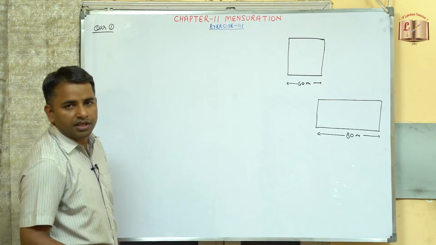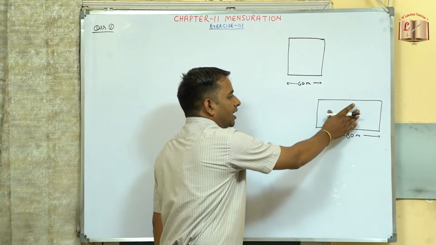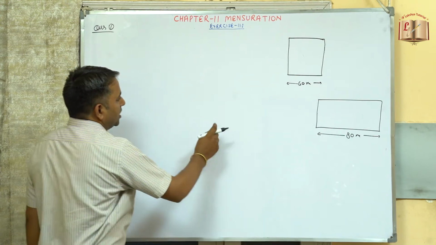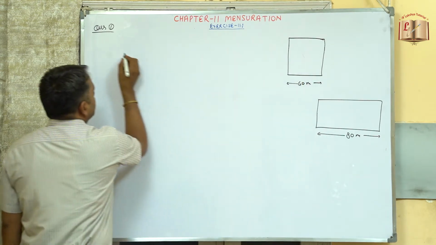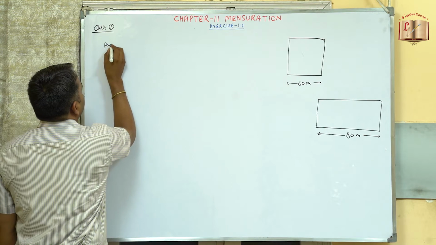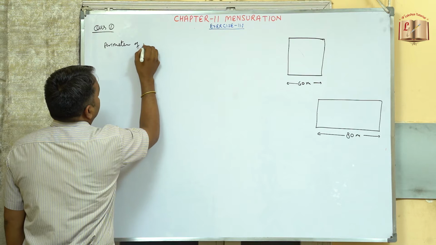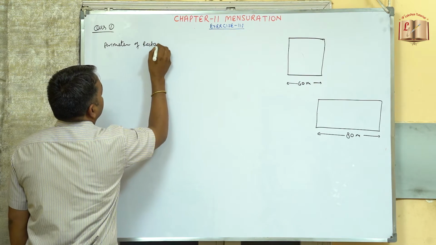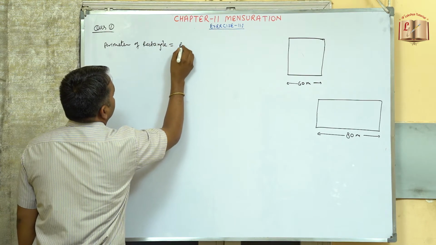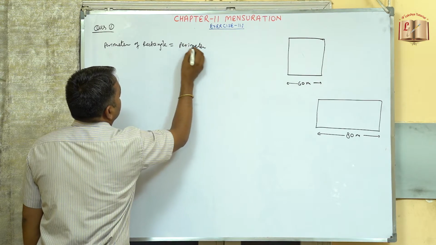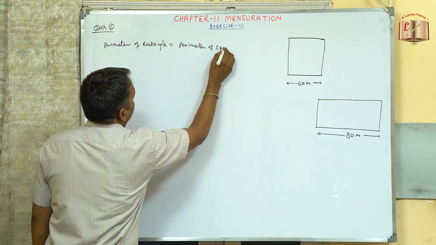So to find out the area, first of all we require to find out the width. Do we need to know the width of this rectangle? But both have the same perimeter. It is given that you can find that perimeter of rectangle is equals to perimeter of square.